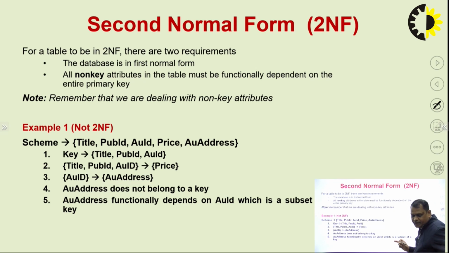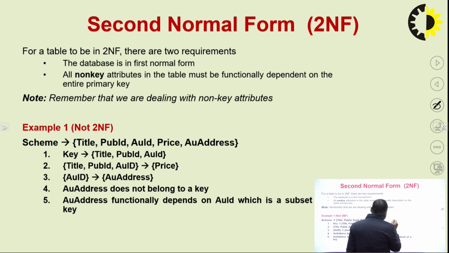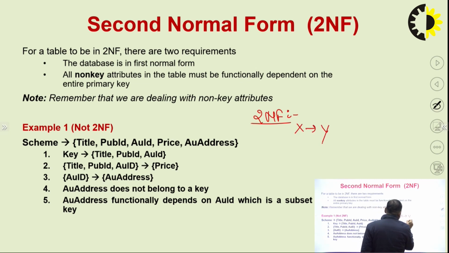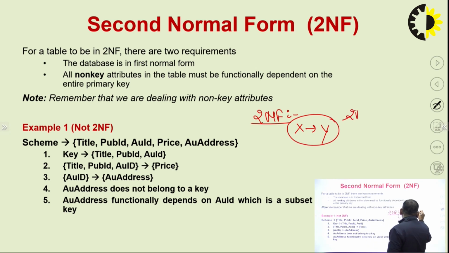Second normal form basically depends upon functional dependency, used as a tool. If X functionally determines Y, this relates to second normal form.